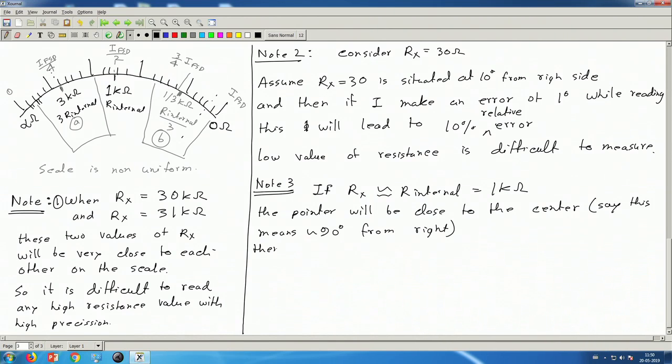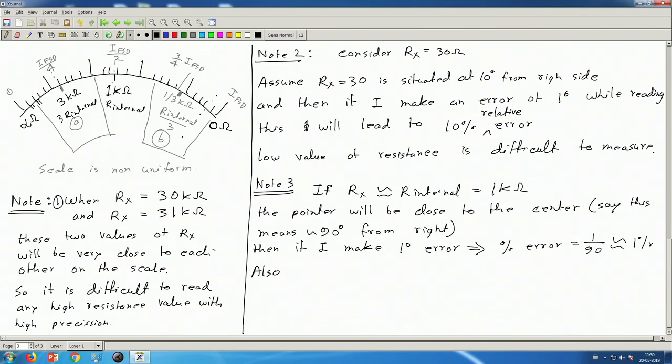Then if I make 1 degree error, this will lead to a percentage error of 1 over 90, which is approximately 1%, much less than this. And also, this is 1 kilo ohm.